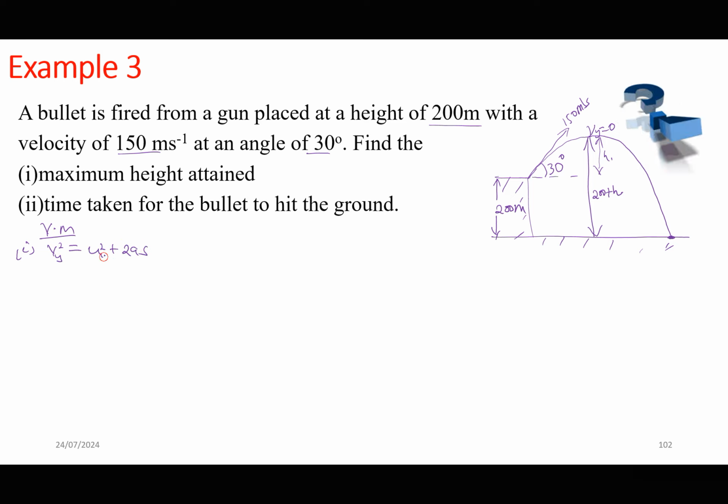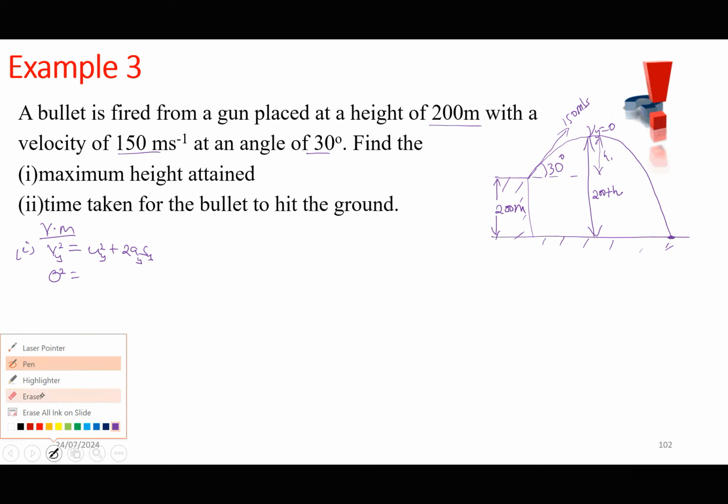I'm now going to consider vertical motion because I'm going to find the vertical height h first. Oh, I'm finding the maximum height h. So at the highest point v is 0, so I'll say 0 squared equals to initial velocity in the vertical. So I have to resolve velocity in the vertical.